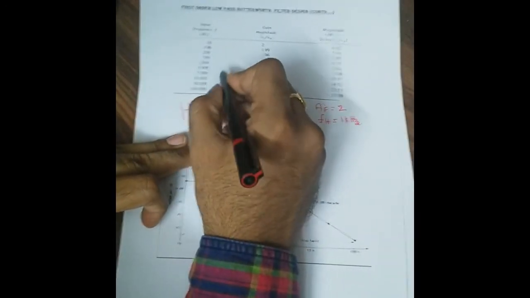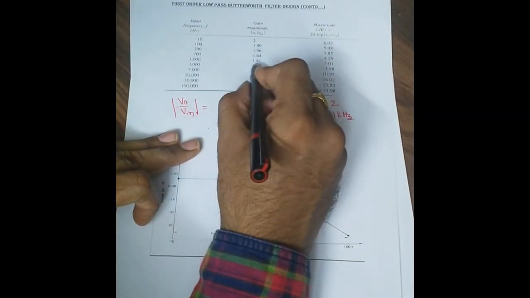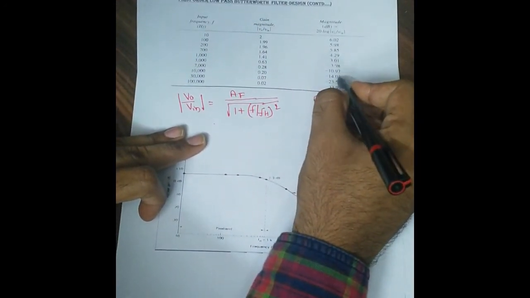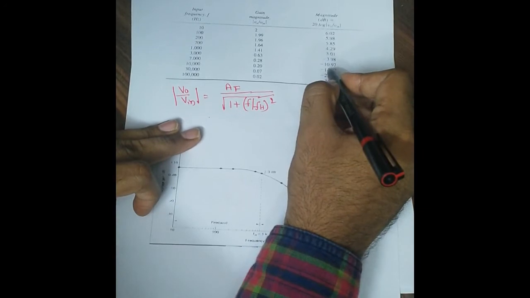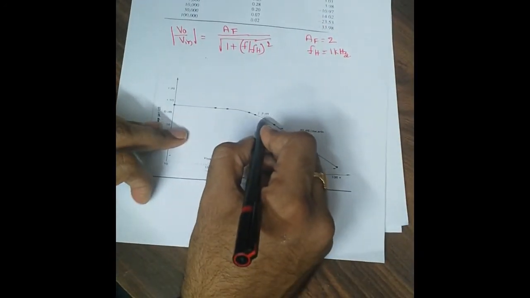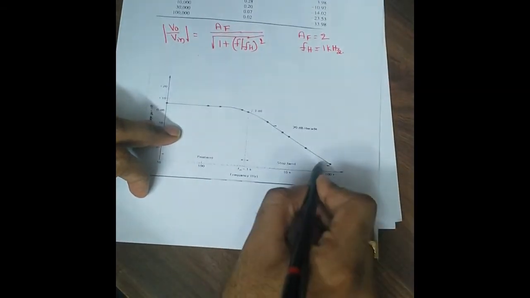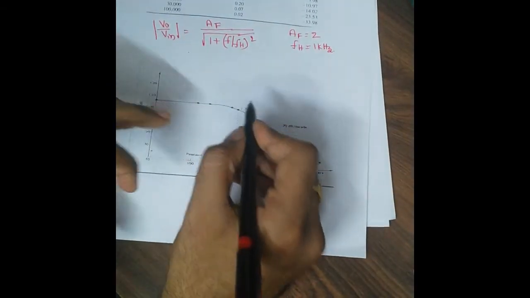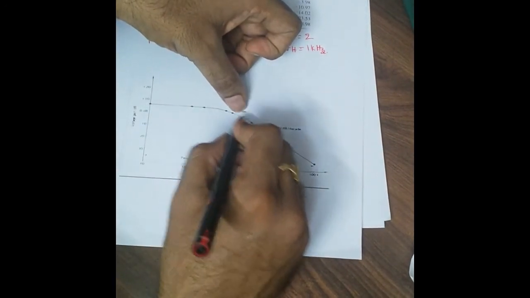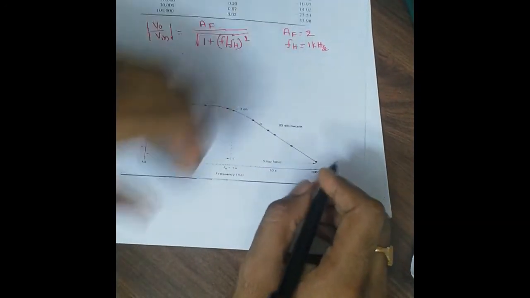If you observe in this one, at exactly 1 kHz, we got the gain as 3.01. After that, we are getting the negative values. So from the cutoff frequency, the gain starts to decrease. Up to that value, the gain is maximum, and after that it starts decreasing.